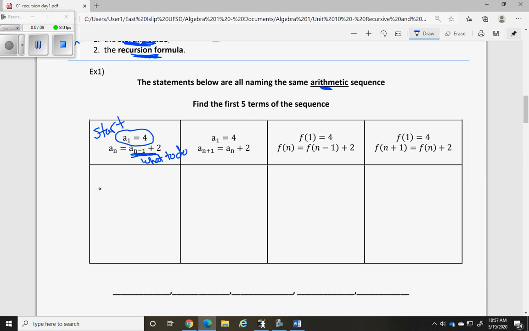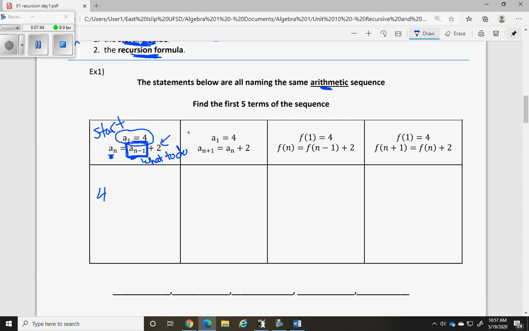So I start with a 4. And now this is where things are a little confusing to some people. I'm going to teach it to you the way that I think about it. When I see this funky stuff on both sides, I know I'm given a recursive formula. Also, what I know is I need a starting value, and I need to know what to do. So this that I just put in a box is representing a value I know.